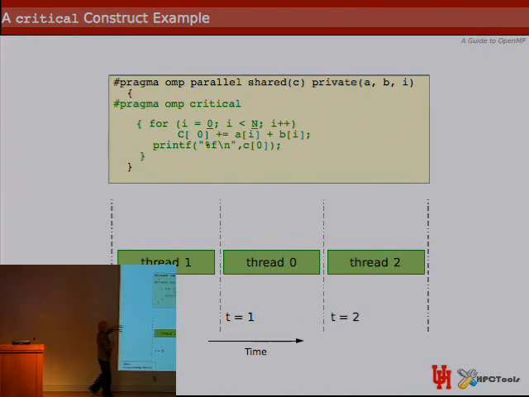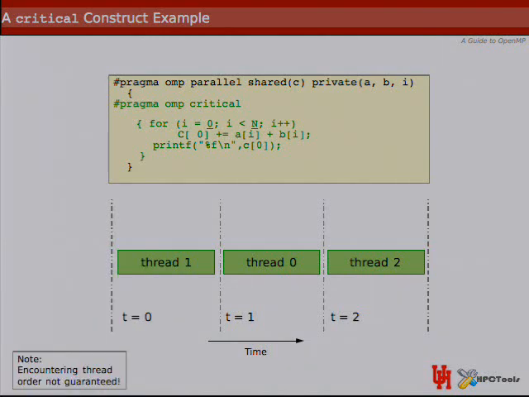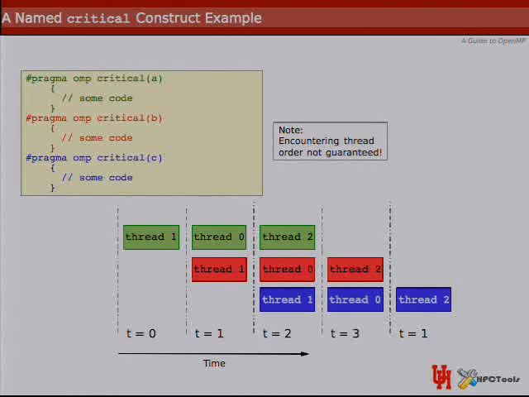With a critical region, the very first thread to reach that region will enter it, do its update, and write its values back. Then the next thread will enter it, do its update, write its values back, and then the last one will do it. We don't care about the order. We just need to care that they are not doing it at the same time and that the values are properly written back and retrieved. Flushing happens at the start and at the end, so everybody gets the current values. That's a very easy way to do that.